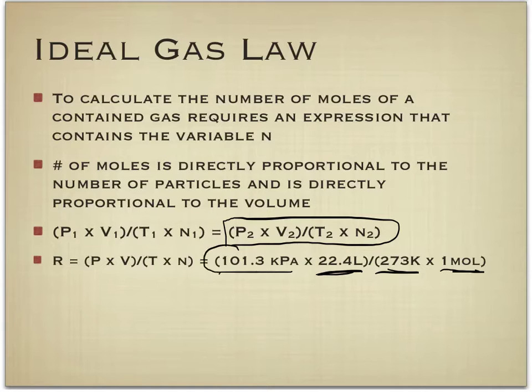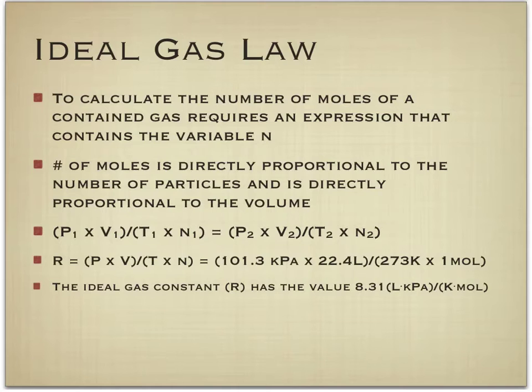So we substitute in all of those things that we know, and we replace it with a value which we call R. If we calculate that out, we get this number, 8.31. I know we've used it a little bit in the popcorn lab, but this is how this number comes out. It comes from putting in standard temperature, pressure, and 1 mole.